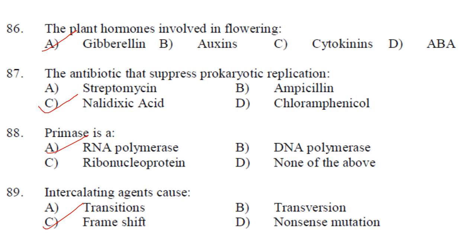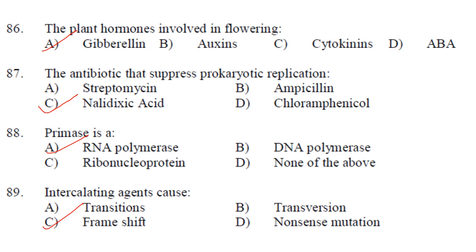Now primase, it is an RNA polymerase. Primase is an enzyme that synthesizes short RNA sequences called primers, and these primers are the starting point for DNA synthesis, and since primase produces RNA molecules, the enzyme is called an RNA polymerase. Then intercalating agent cause. Intercalating agents have the same size as that of the nucleotide.